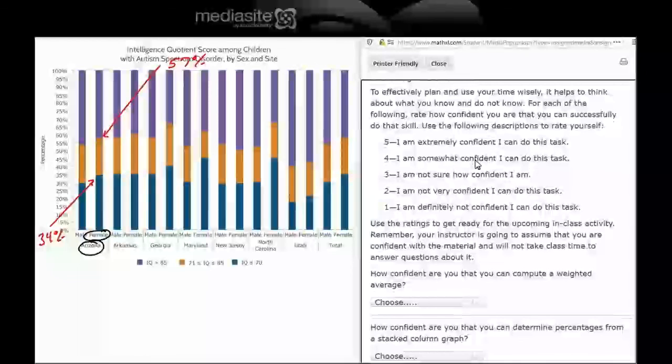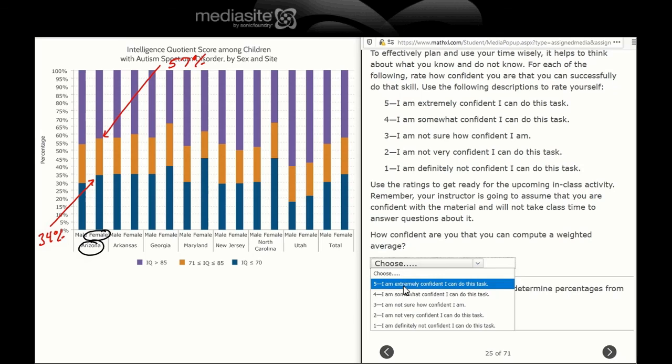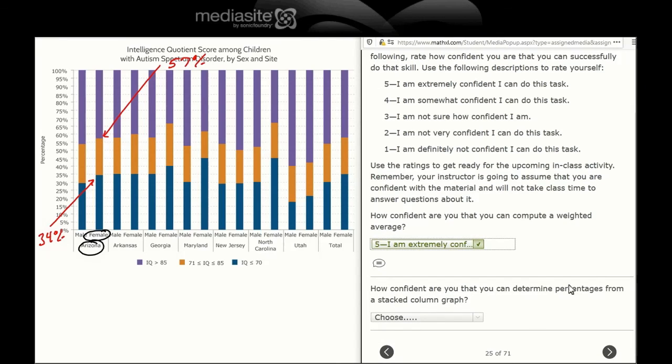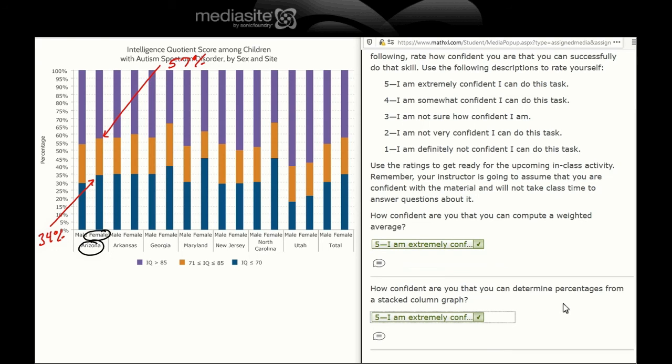Oh, confidence ones. How confident are you that you can compute a weighted average? Hopefully, very confident. How confident are you that you can determine percentage from a stacked column graph? Hopefully, very confident. Just make sure you're in the right column and you properly estimate numbers to subtract from each other. That's no big secret.